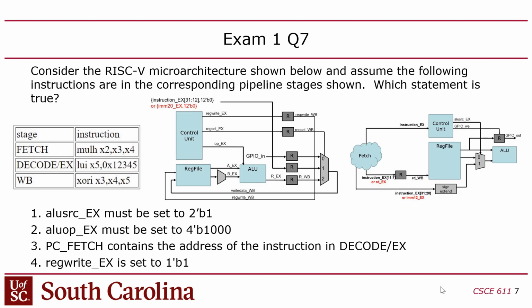ALU op EX must be set to 1000. Again, that can't be true because LUI is not using the ALU, right? And LUI is in execute. PC fetch contains the address of the instruction in decode EX. No, PC fetch would be the address of the instruction in fetch, right? And reg write EX is set to 1. Well, that would be true because LUI does write to a register.